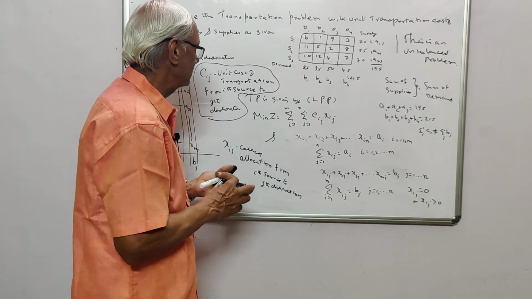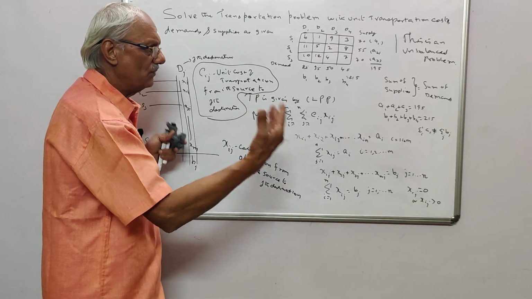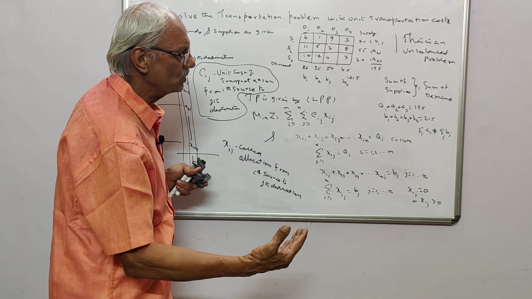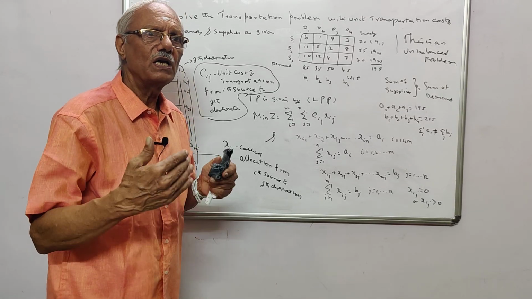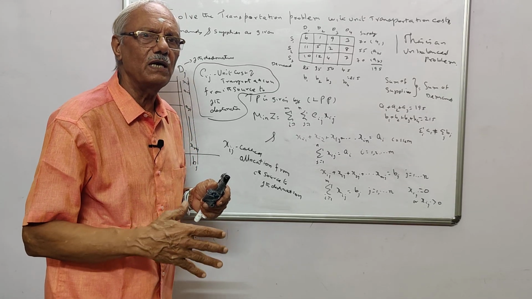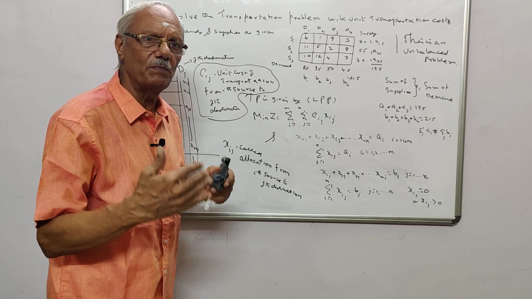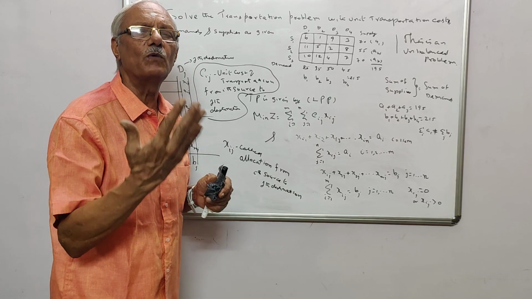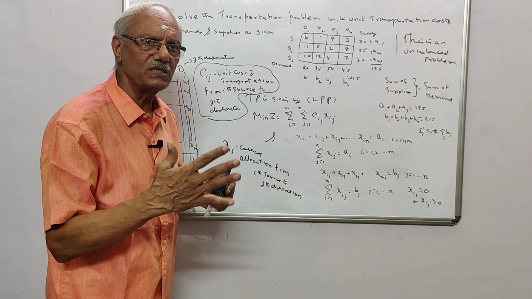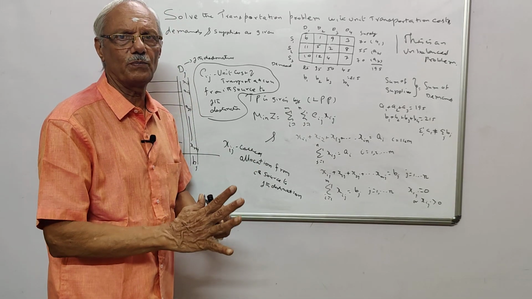I have brought out everything very briefly. First of all, you must check whether the given transportation problem is balanced. A transportation problem is said to be balanced only when the sum of the supplies is equal to the sum of the demands. Then only you can proceed. Otherwise you have to balance it and then start doing the problem.